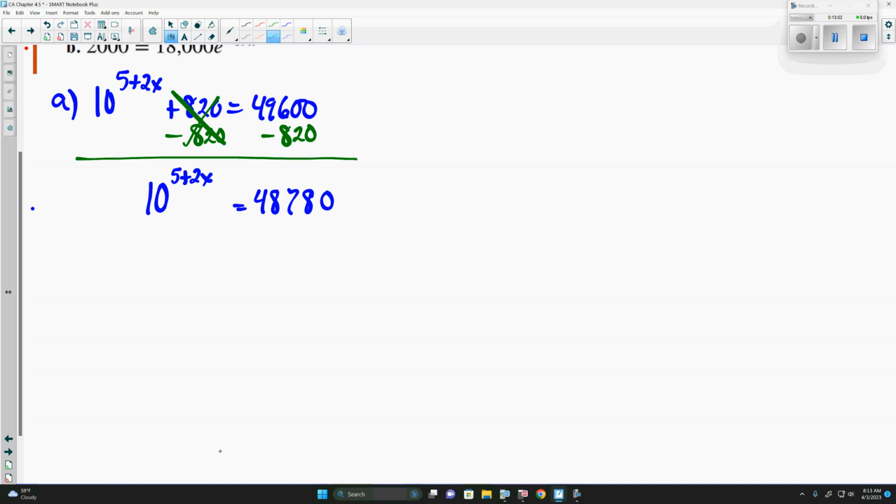Now, what do we need to do next? We need to apply log base, what? 10, yes? Of 10 to the 5 plus 2x equals log base 10 of 48,780.